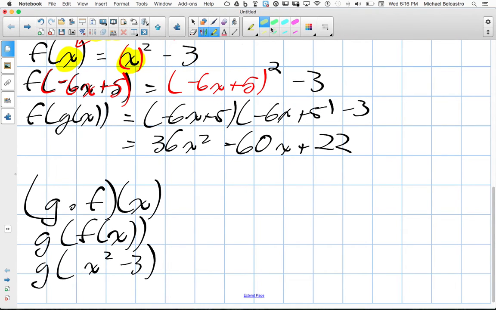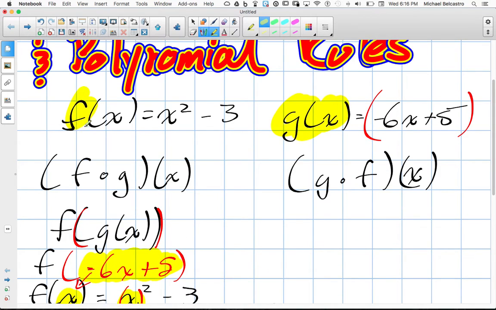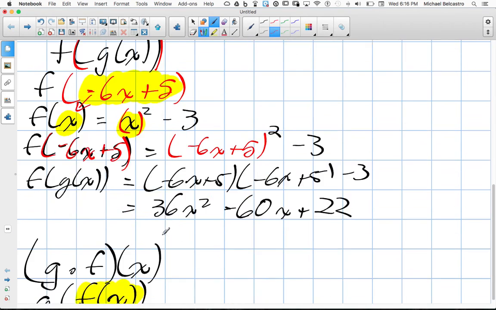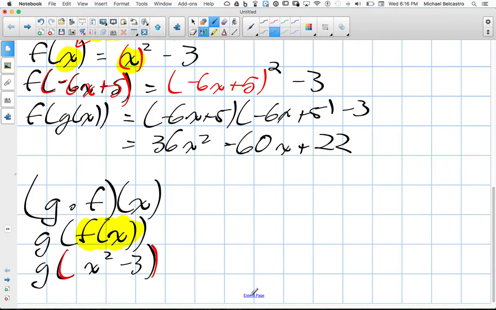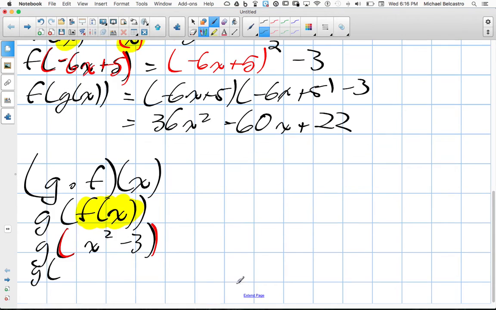So we've just replaced f at x with the f at x up here, which is the equivalent of that, right? We used this part to replace the f at x function within this bracket. And, well, what's g at x? We can rewrite it this way if we like: g of x squared minus 3 is equal to, so we're replacing the x part of the g at x function.